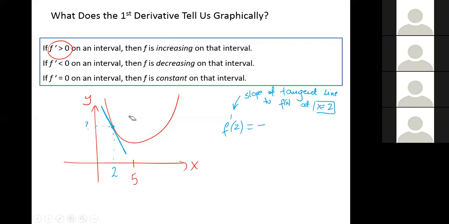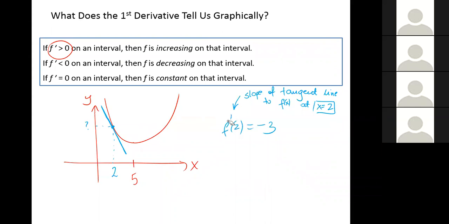That means it's negative, and quite steep. I will say negative 3. Don't worry about the exact value. When you check my session from last week, we were doing the approximation, and I showed you the multiple choice question, you will always have the option. You will not pick the small number, you will not pick a positive number. You will know what to pick if you understand the concept.